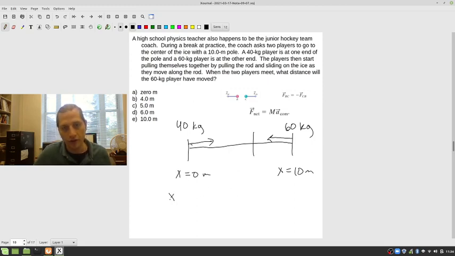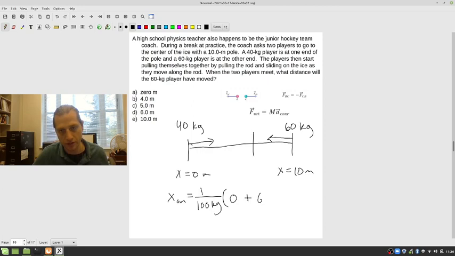Well, if we wanted to find the center of mass, it would be at 1 over m. So m in this case is going to be 40 kilograms plus 60 kilograms. That's 100 kilograms, times m1 times x1. So that's in fact going to be 40 times 0, plus m2 times x2.